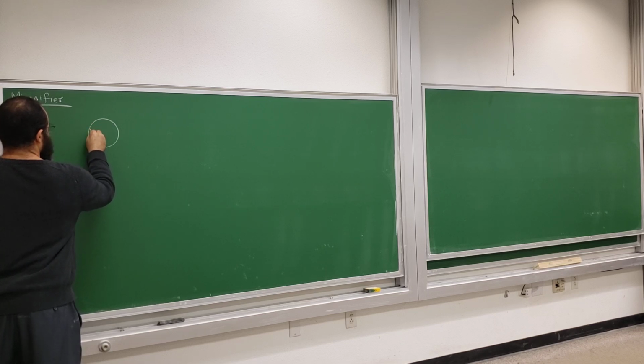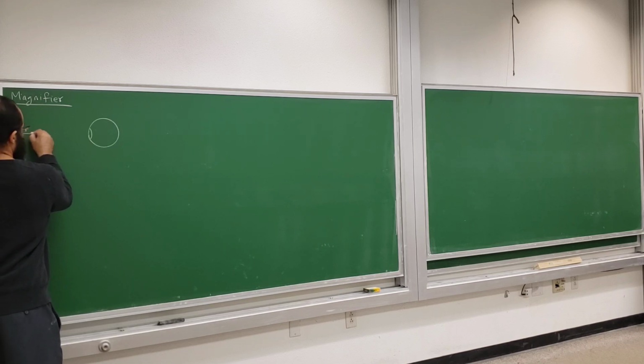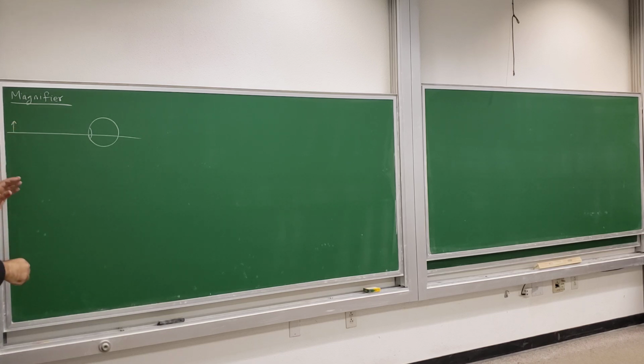This is the lens for the eye, and this is the retina. I will first draw an object here. By the way, every angle I draw is exaggerated. The angles look big, but they're actually smaller.